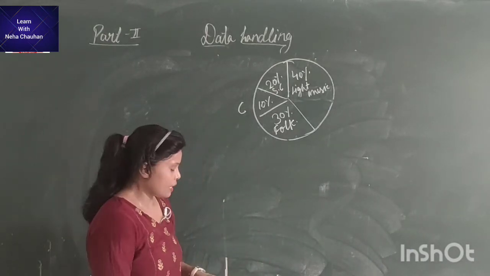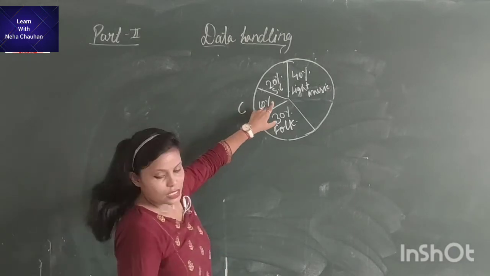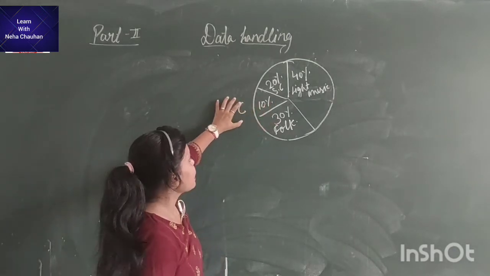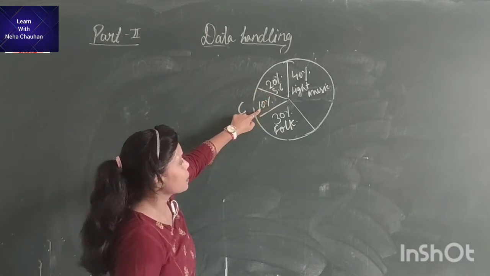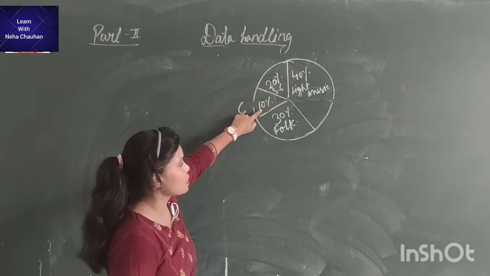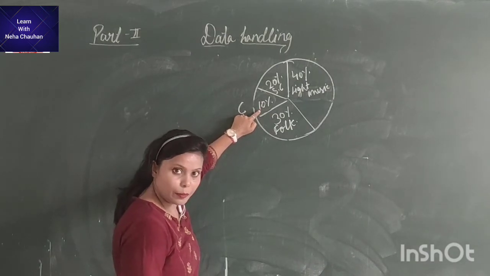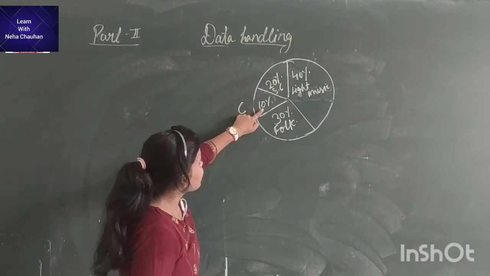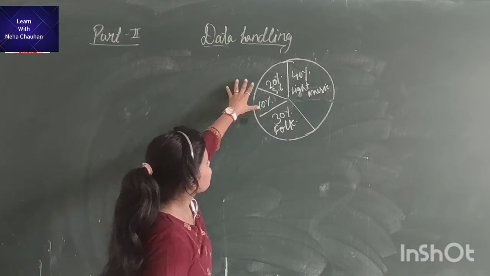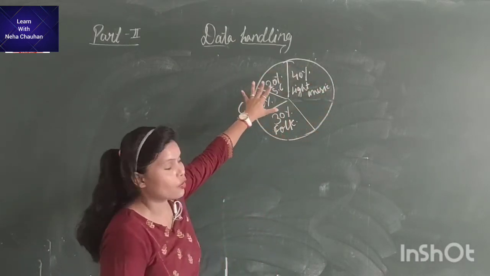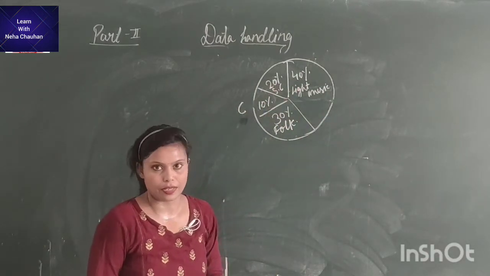It says that this 10% shows 20 people, that means this 10% is equal to 20 people. So 20 people like classical music, and we need to find the whole number of people who were surveyed.